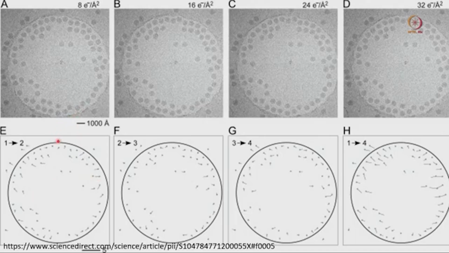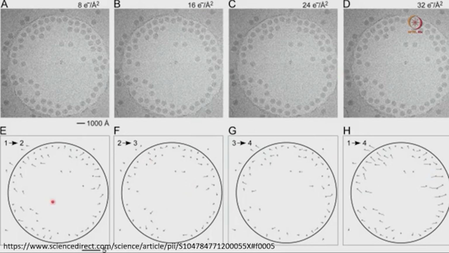One thing you should remember is that if the sample is bigger, like the virus particle or the liposome, which are really big, their movement will be comparatively less. If there is a small protein, their movement will be huge, which we are going to discuss in the next class. Now, when we go for a longer electron dose, this movement will gradually increase.